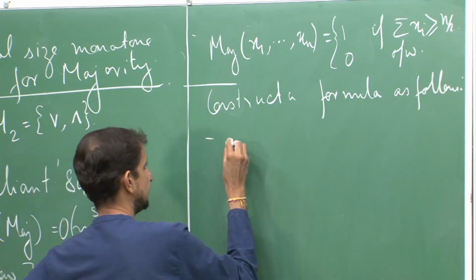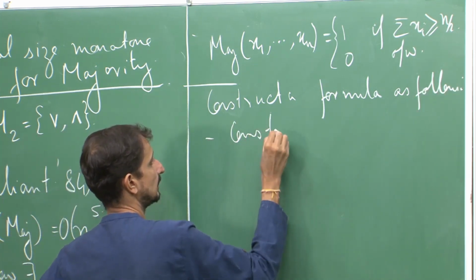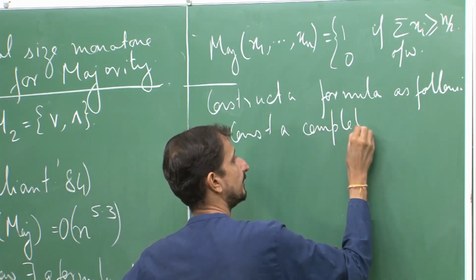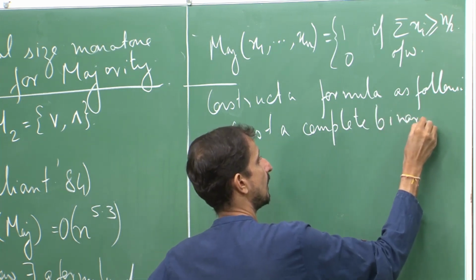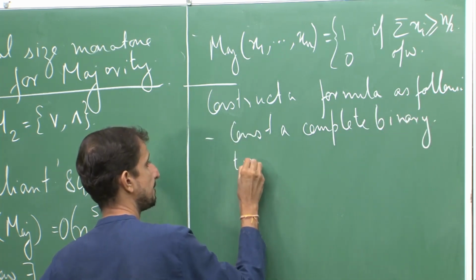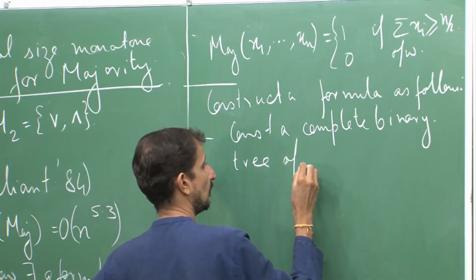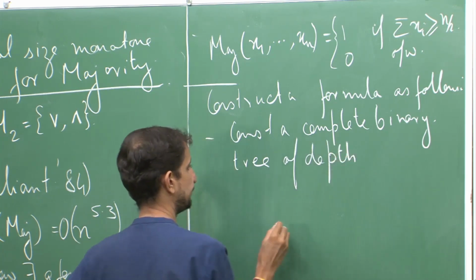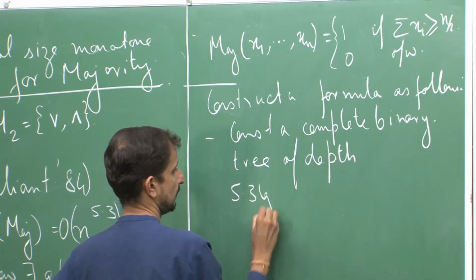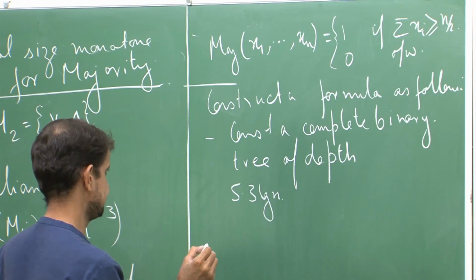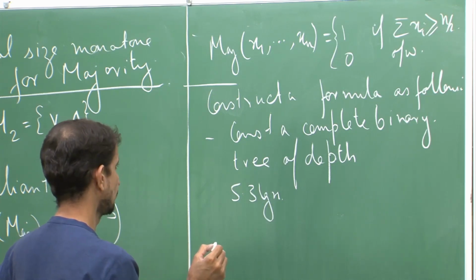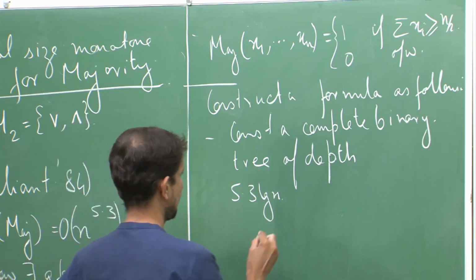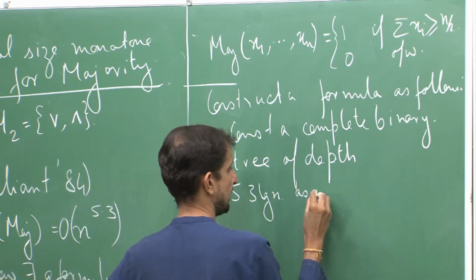First, construct a complete binary tree of depth 5.3 log n as follows.